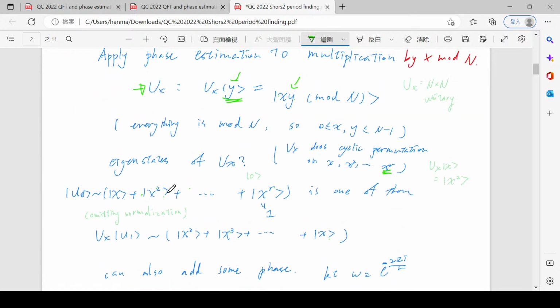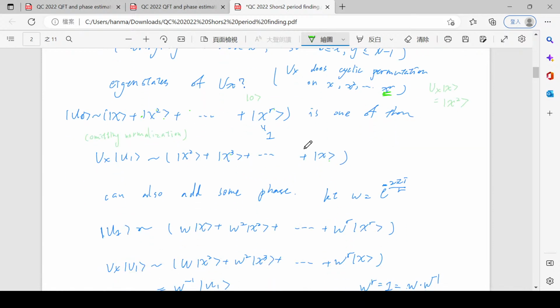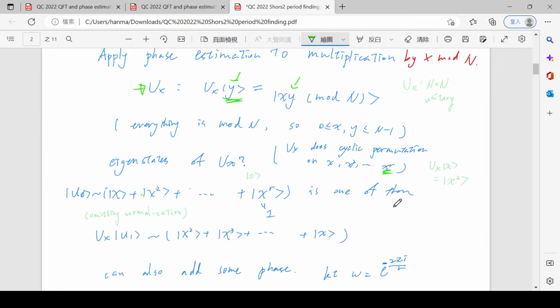Anyway, this is an eigenvector, and we can construct similar eigenvectors in this space.